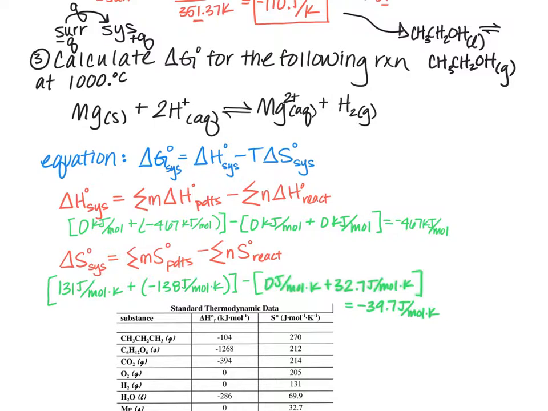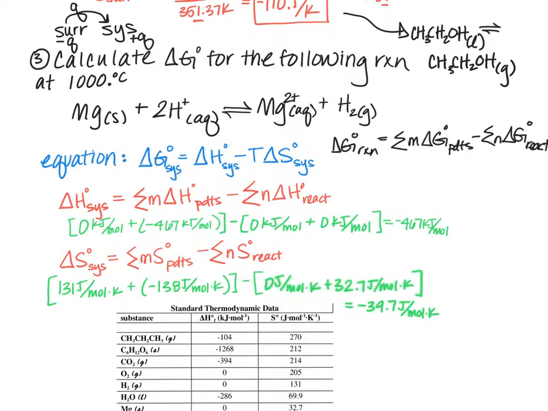All right, so there are 2 main, possibly 3, but really 2 main equations that you could have chosen to calculate for delta G naught. The other equation that you could have chosen from looking at the equation sheet is this one. Delta G naught, which you'll be familiar with as soon as I write it, is equal to the sum of the moles of delta G naught for the products minus the sum of the moles of delta G naught of the reactants.